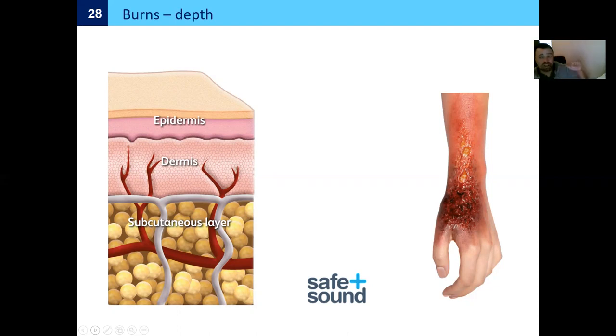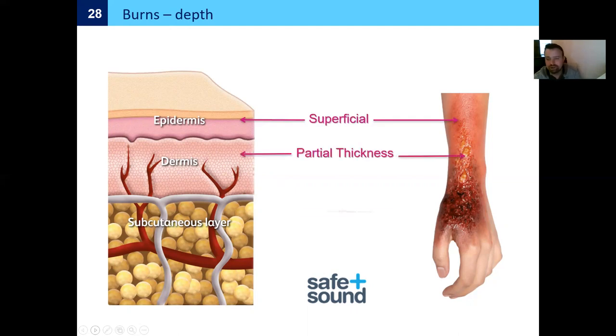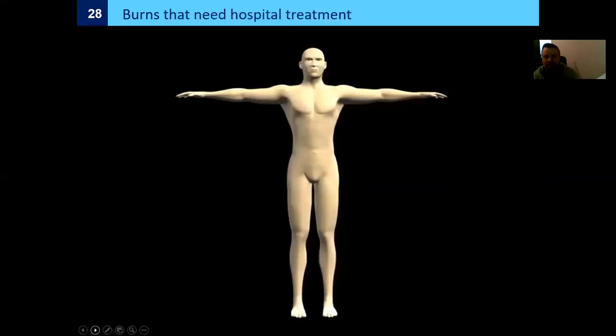And we call those first, second, or third degree, superficial, partial thickness, or full thickness. So superficial is at the top, first degree. Second degree burn is at your dermis, partial, and full thickness is when it goes to the subcutaneous level. There we go, superficial, partial thickness, and full thickness. So that gives you an idea of what you're dealing with.